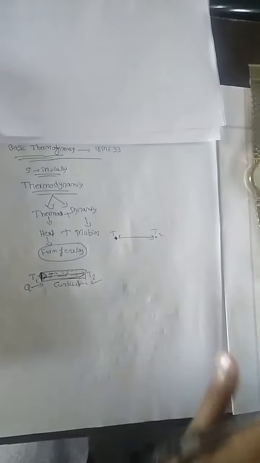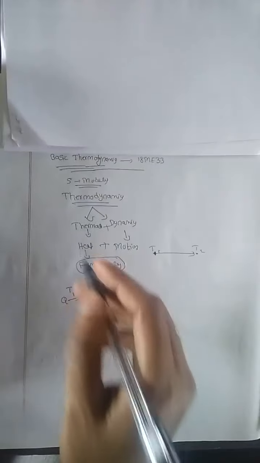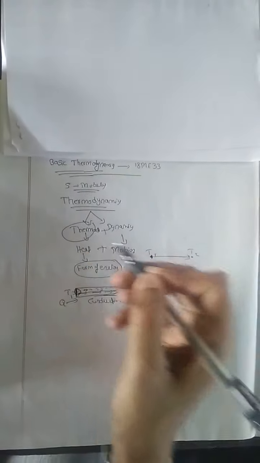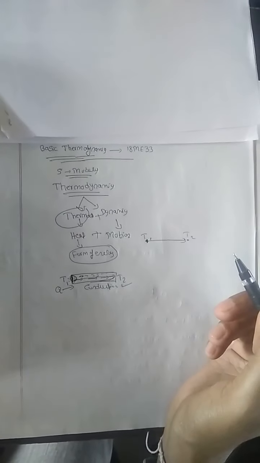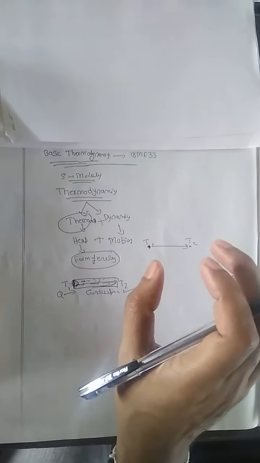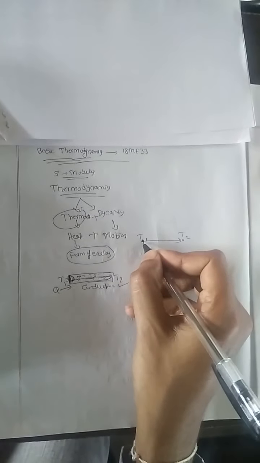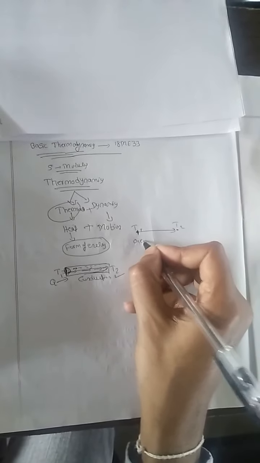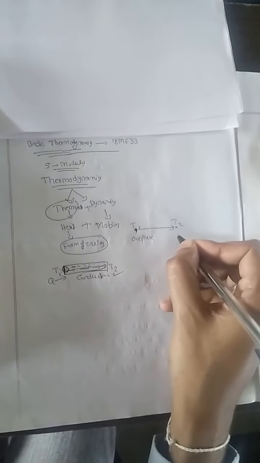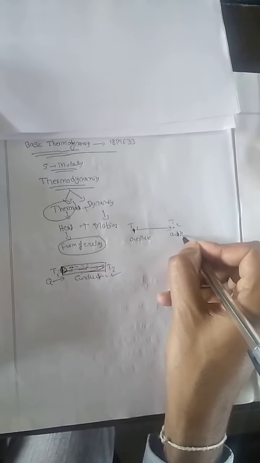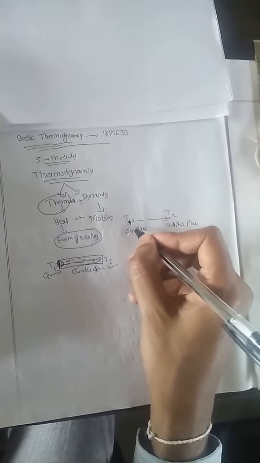This is in general basic thermodynamics. I hope that is clear. What is thermodynamics? Just remember that therma means heat, dynamics means motion. Our aim is heat motion, that is, transfer of heat from one place to another place.